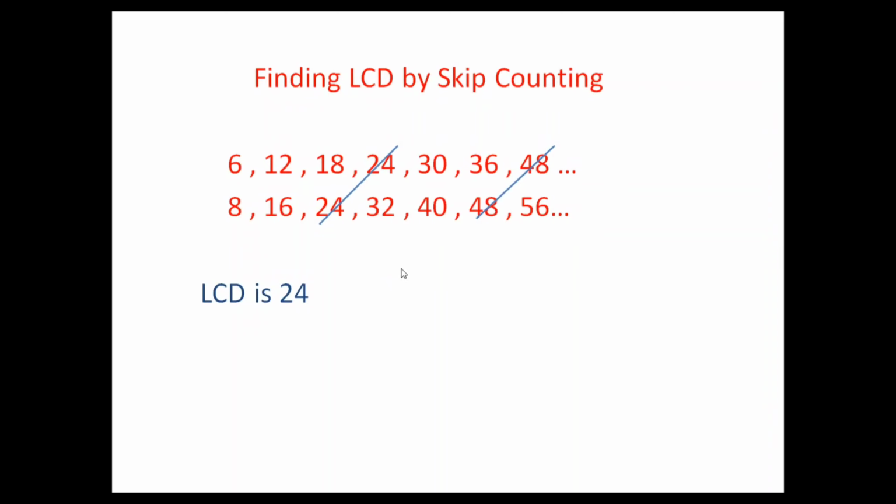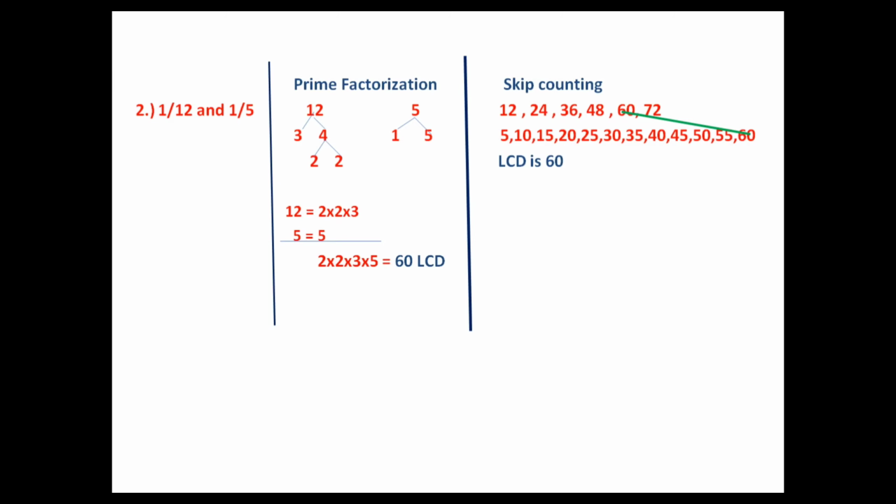Same with the prime factorization. Now try to analyze this one. Another example, 1/12 and 1/5. Prime factorization of 12: we have 3 and 4. 3 is already prime. For 4, we have 2 and 2, so this is prime already.